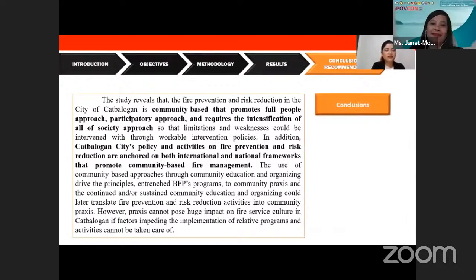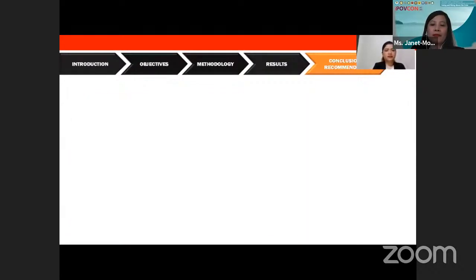Therefore, the study found that community-based fire prevention and risk reduction measures are present in the city. They promote full people approach, participatory approach, and require the intensification of all of society approach.